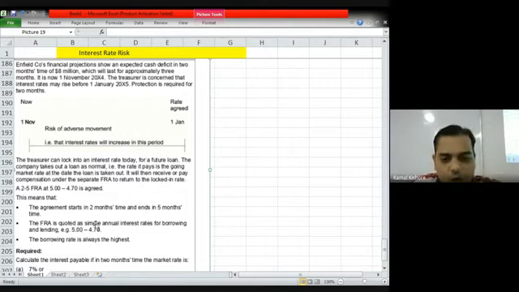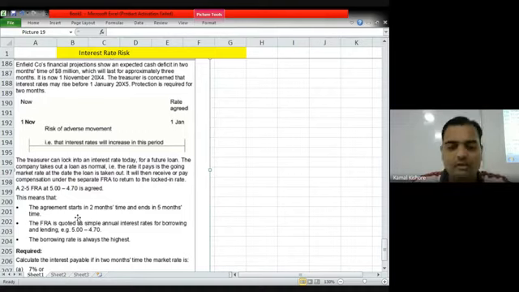We saw this in FX also. Bank will always buy at a higher price and sell at a lower price. Accordingly, you should fix the rate. So here borrowing rate is always the highest. So 5%. Right? So I have agreed to borrow at 5%. What is the market rate?